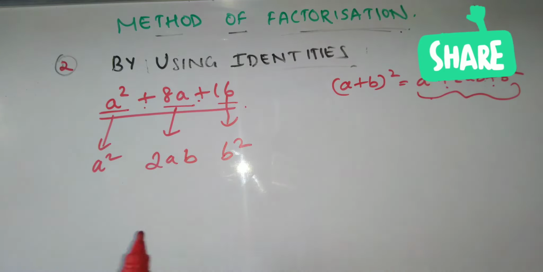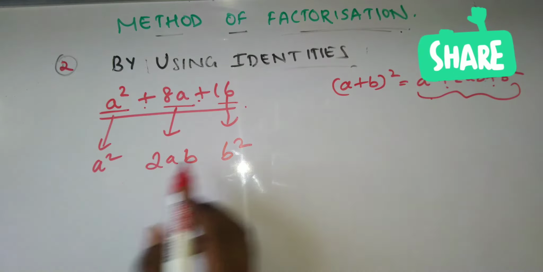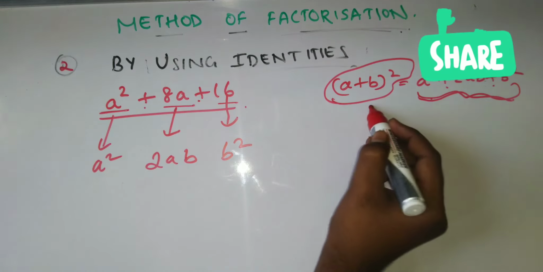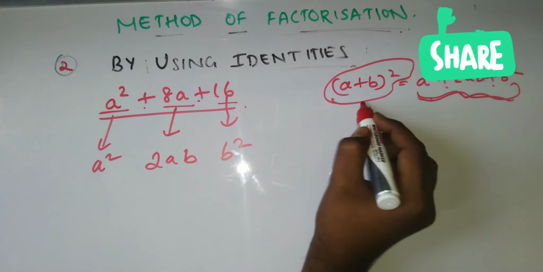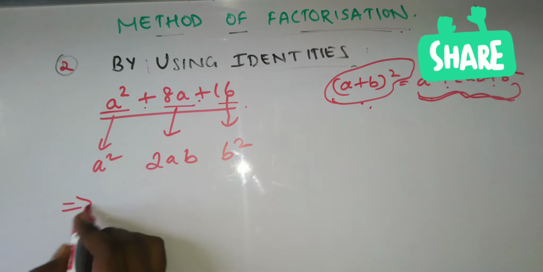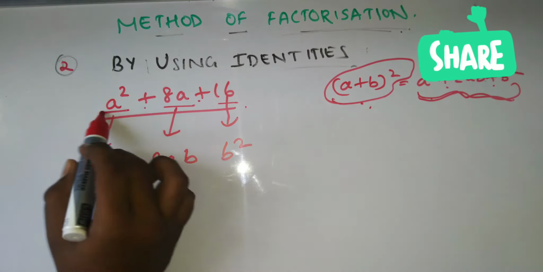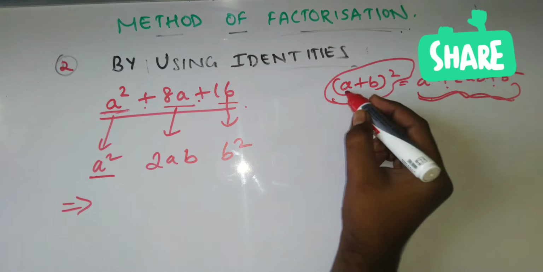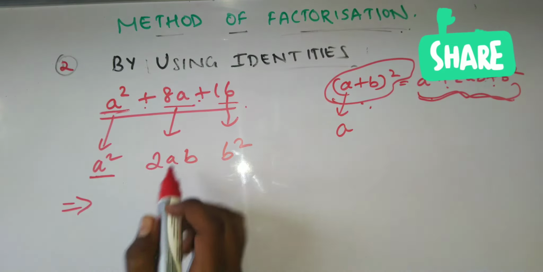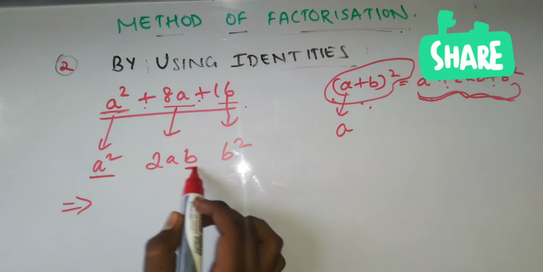Now in the question they will give this, and you have to bring it into this form. That is the main thing here. This is already a square, so a will remain as a itself. Now you have to find b.